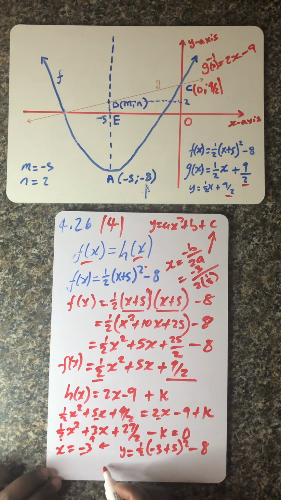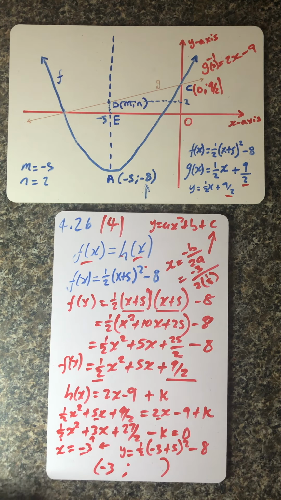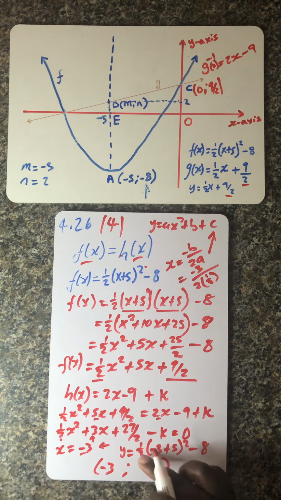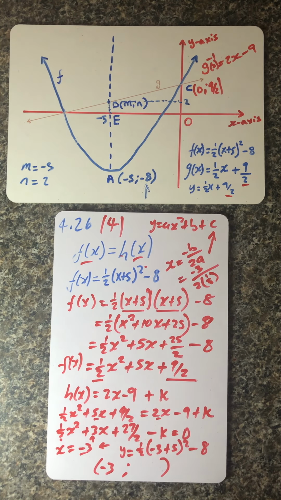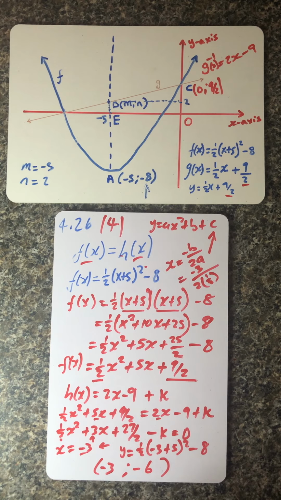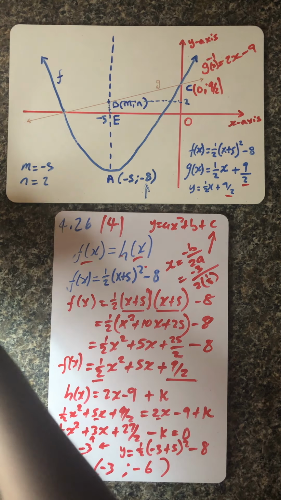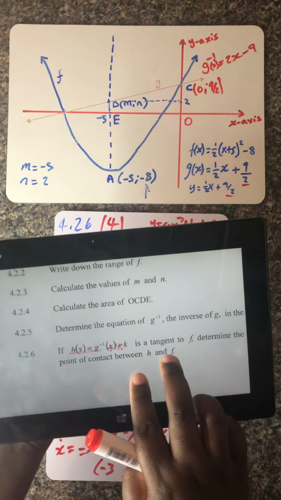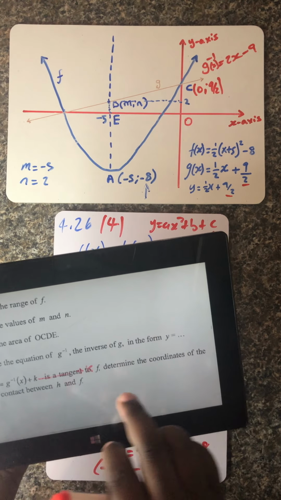Okay, the x value, which is negative 3. Let's check what the y value is. So it's half times negative 3 plus 5, close squared, minus 8, which is equal to negative 6.